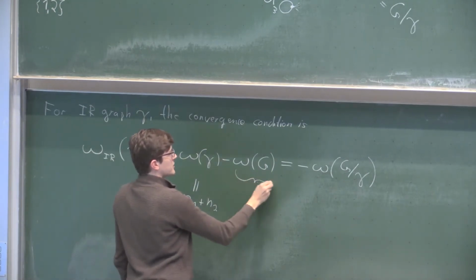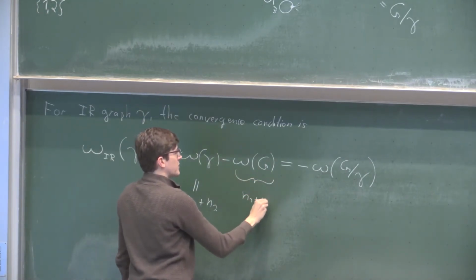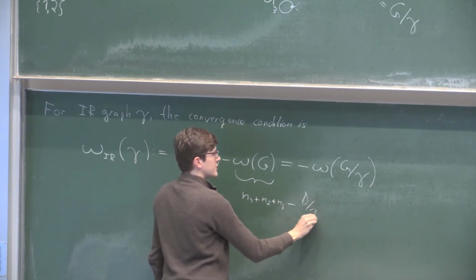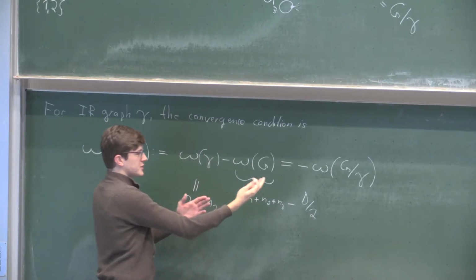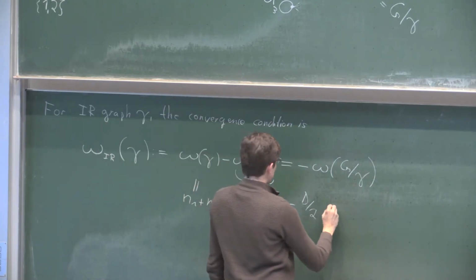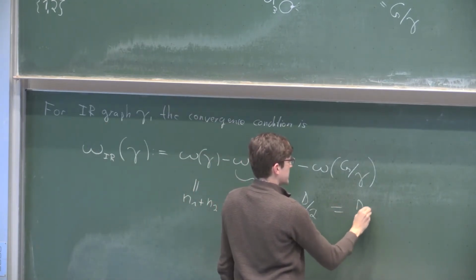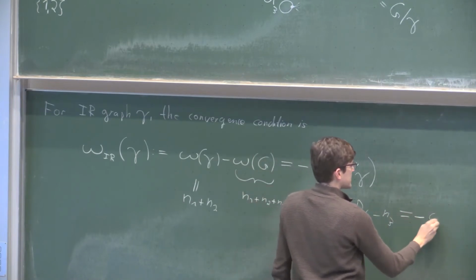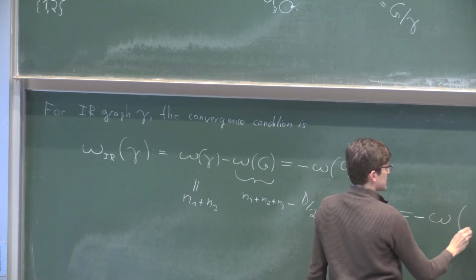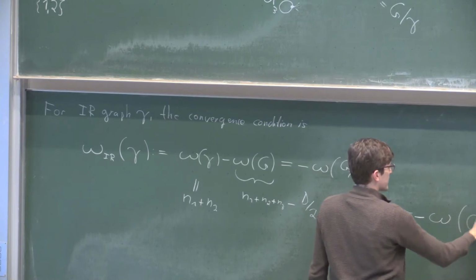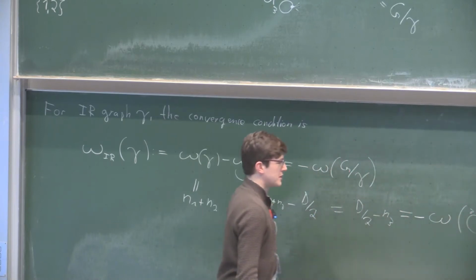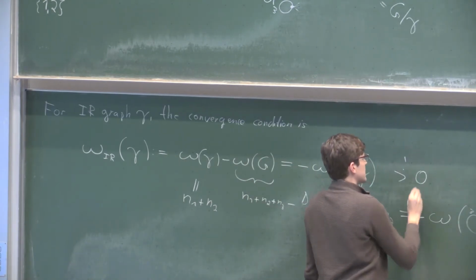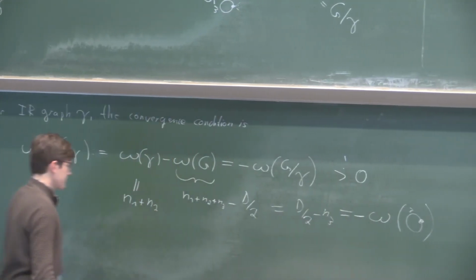Now the omega of the total graph is n1 plus n2 plus n3 minus d over 2, because this does have a loop. And so the difference, if you work it out, is exactly d over 2 minus n3, which is exactly minus the superficial degree of convergence of this tadpole graph, which is the quotient. And the power counting condition is that this should be greater than 0. Right?